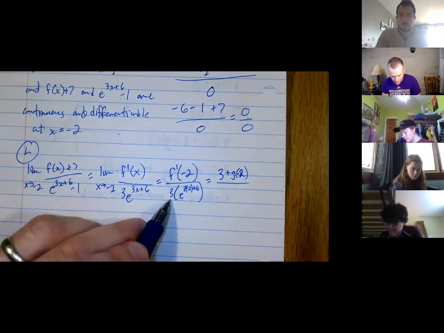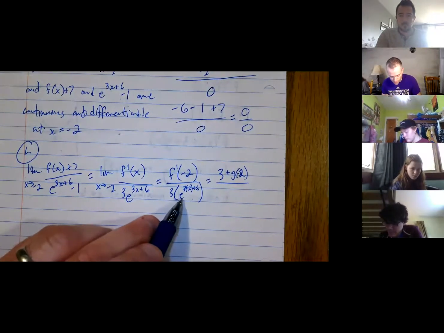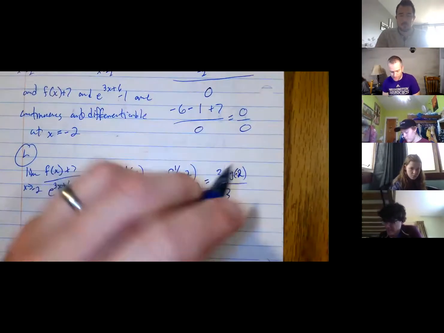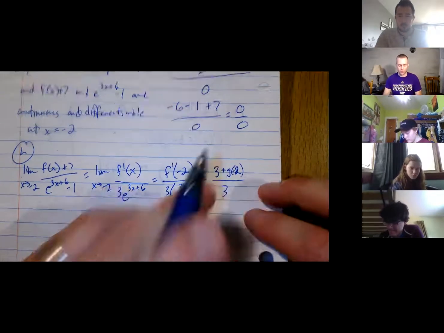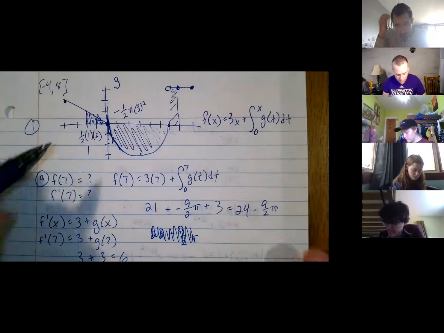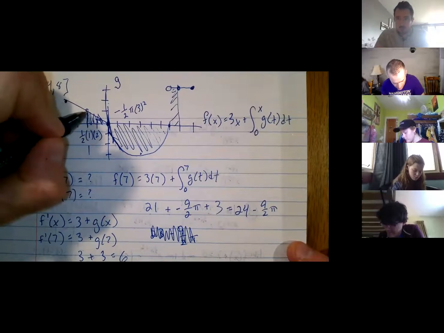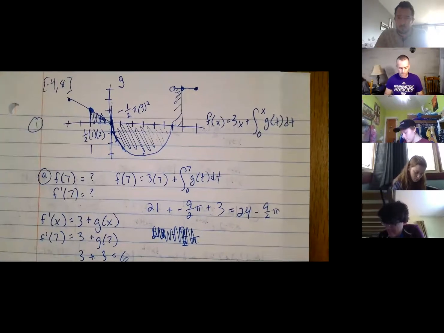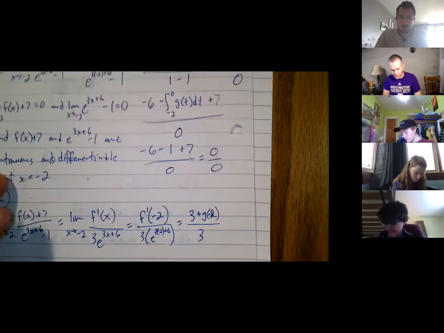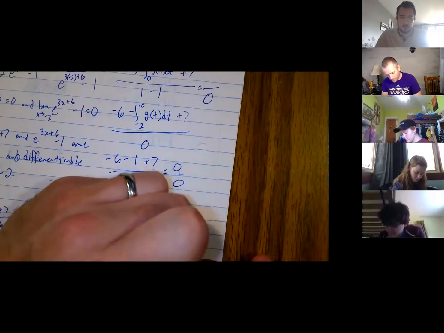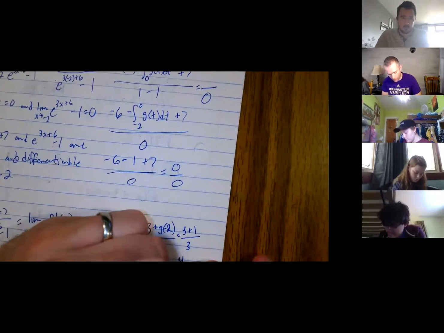All right, and then divided by 3 times e to the 0, so that would be 3. So then what is g of negative 2? We go here. G of negative 2 is 1. And so we have 3 plus 1 over 3, or 4/3.